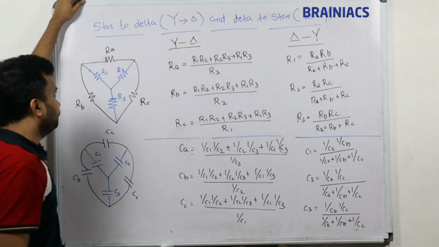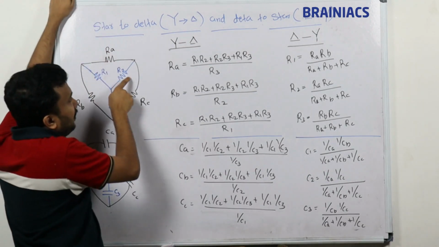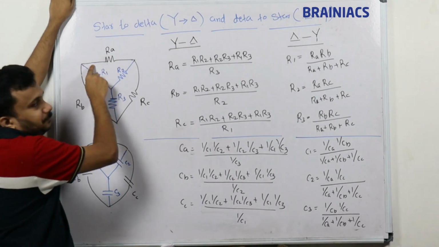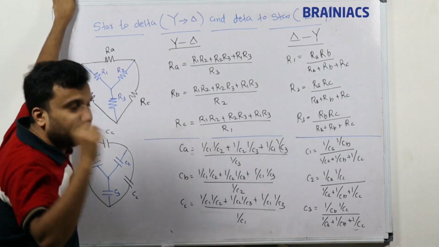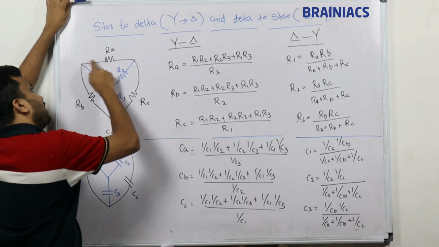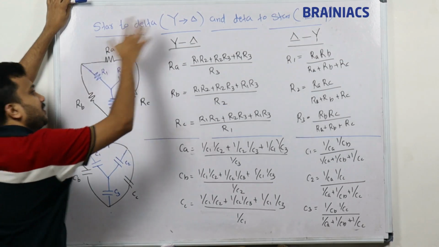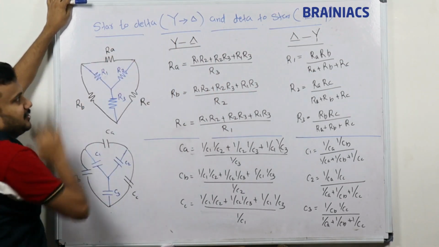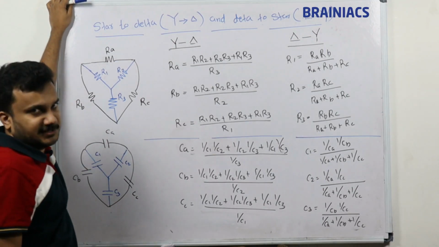That is the question. So see, if you want to find R1, it is connected with these two, right? This is an easy way to remember. R1 is connected with RA and RB. So the RA and RB product will come in the numerator, RA RB, divided by the sum of the resistances, RA plus RB plus RC.